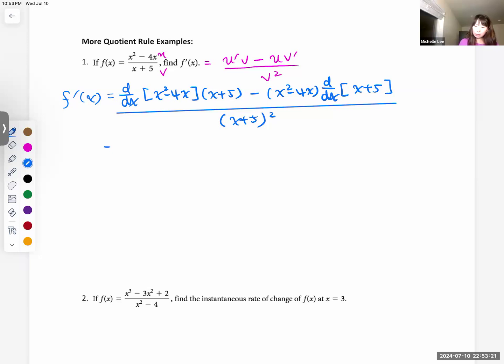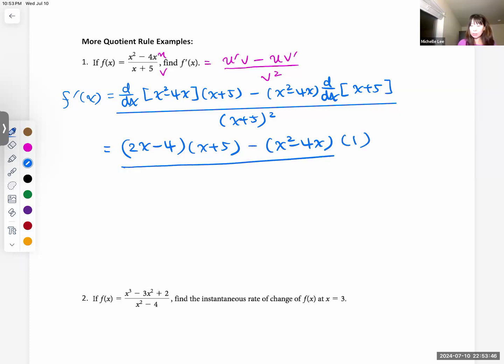Okay, so the first one, u prime, we get 2x minus 4, times x plus 5, minus x squared minus 4x, and the derivative of x plus 5, which is 1, right?